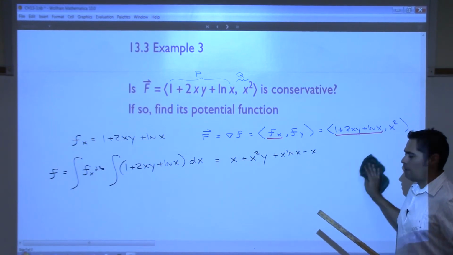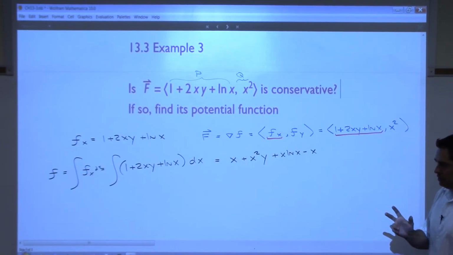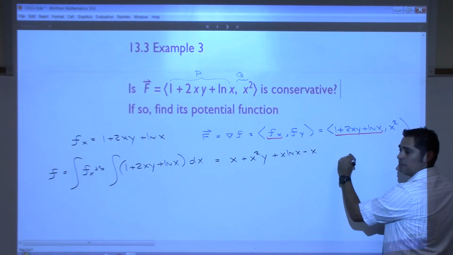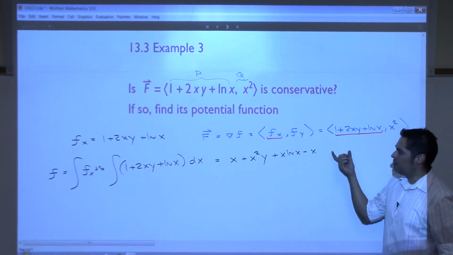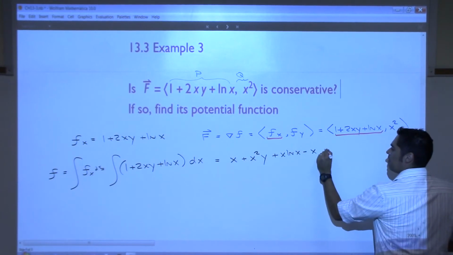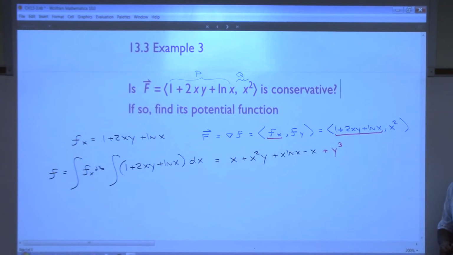But anytime we integrate, we always have what at the end? Plus a constant. And this is where things are going to get a little tricky, because I cannot just put plus c. And the reason is, what if this over here said plus y cubed? Would I know the difference?